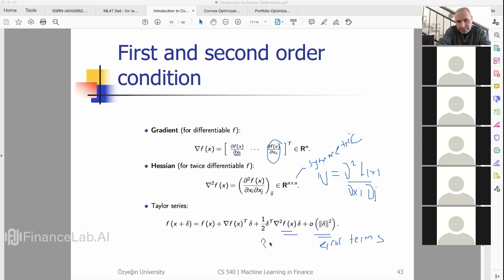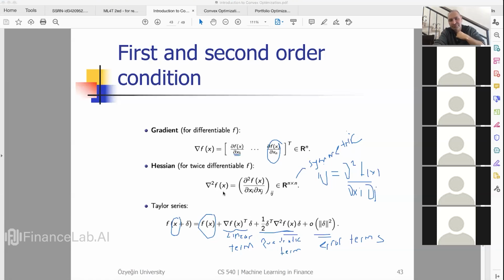This is the quadratic term, in which case we are using the Hessian matrix, and this is a linear term, in which case we are using the gradient, and the function itself at point x. So this is its Taylor expansion around point x.